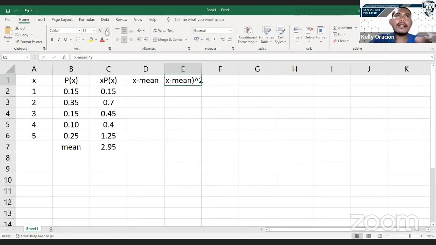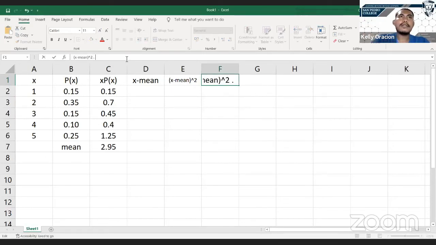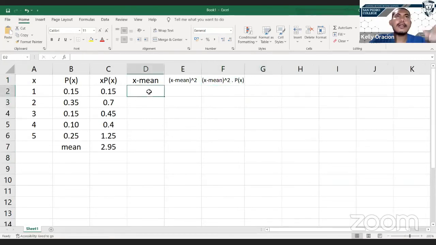This is the X minus mean, times P of X. So, X minus mean: our X minus the mean, which is 2.95.